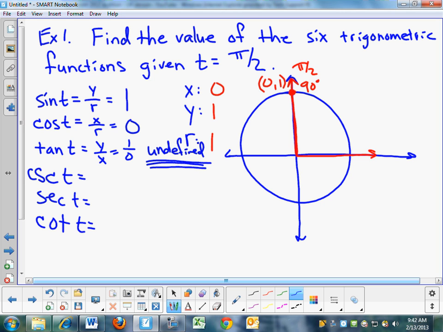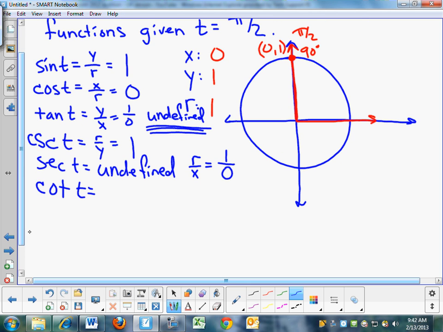Cosecant is going to be the reciprocal of sine, or r over y. What's the reciprocal of 1? 1. Secant is the reciprocal of cosine. What's the reciprocal of 0? Undefined. So again, for those watching the video, if you didn't catch that, secant again is r over x, and because r is equal to 1 and x is equal to 0, it's undefined.